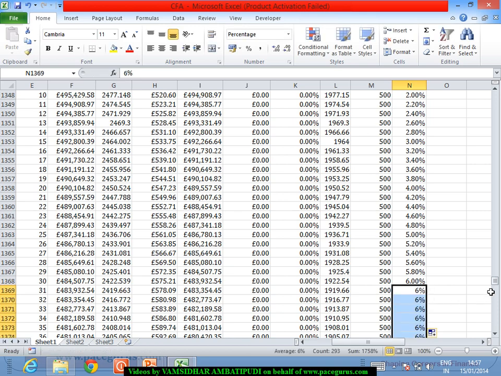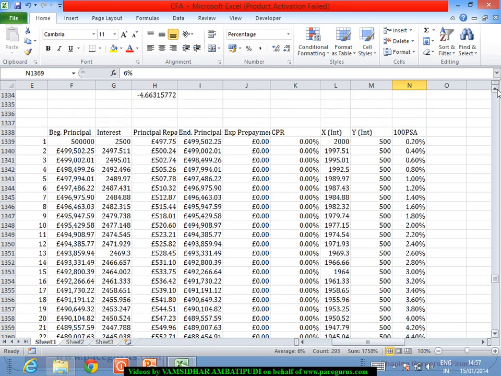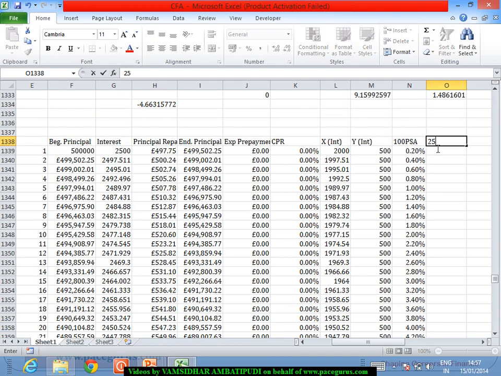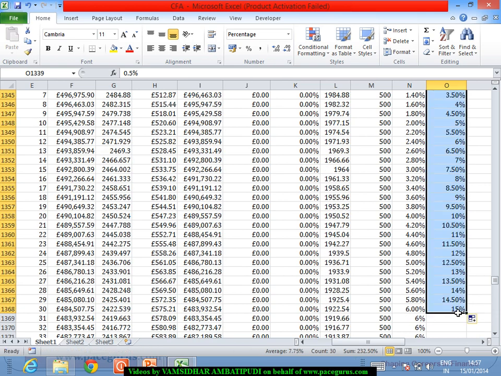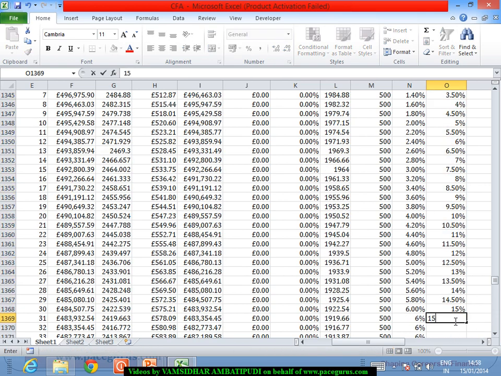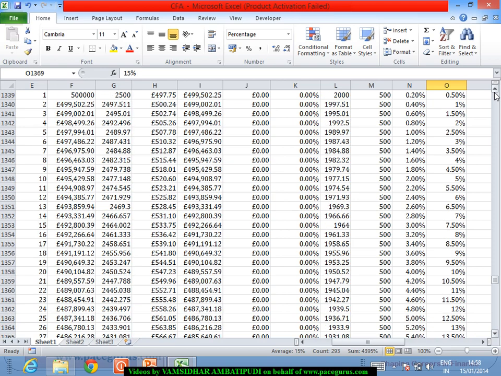This is the 100 PSA scenario. Now when I take the 250 PSA scenario, this becomes 0.5%, 1%, and that's the way it increases up to 15%, and from here it stabilizes at 15%. So these are the two PSAs.